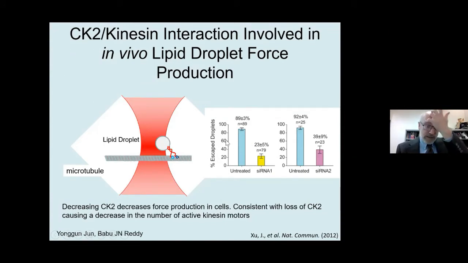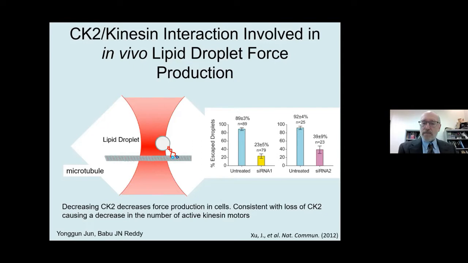In the untreated cells, or in those treated with an RNAi against a random protein unrelated to transport, we have a relatively weak optical trap, so that 89% versus 92% in the two cases of the lipid droplets were escaping.